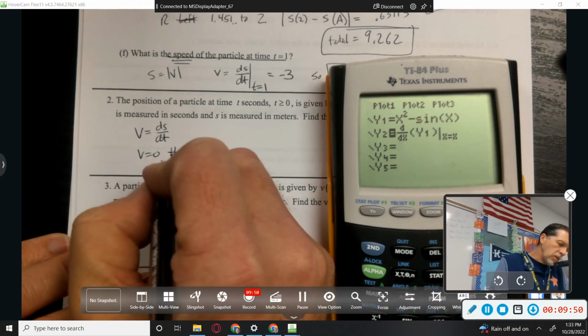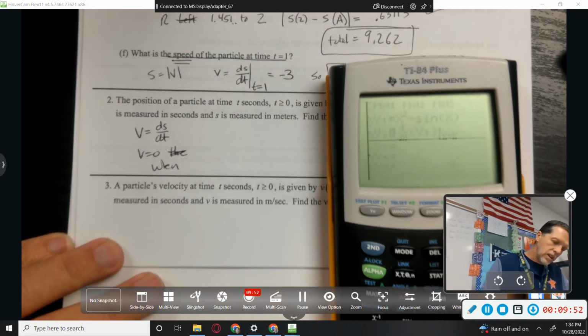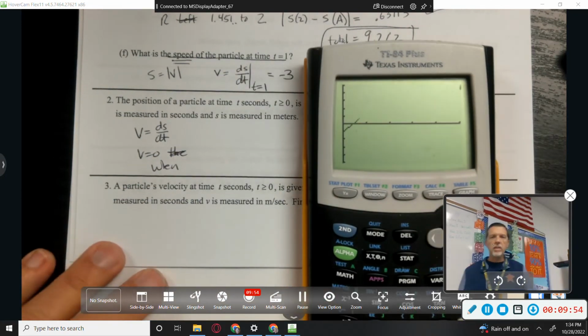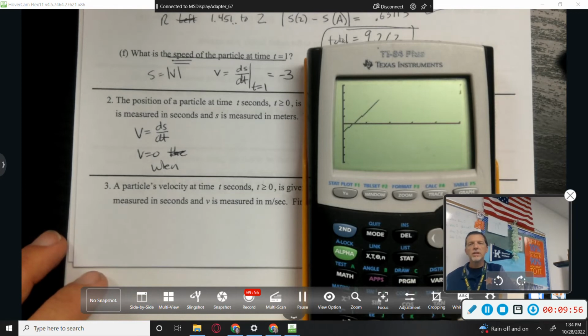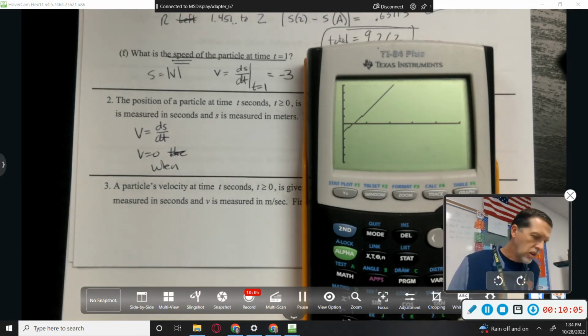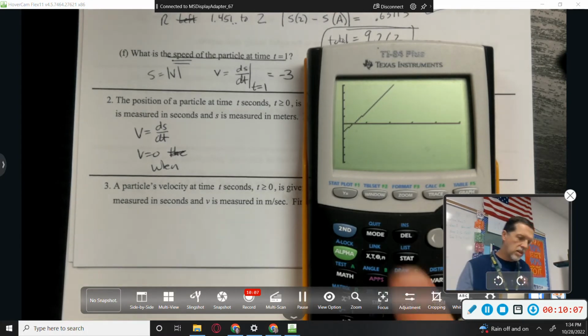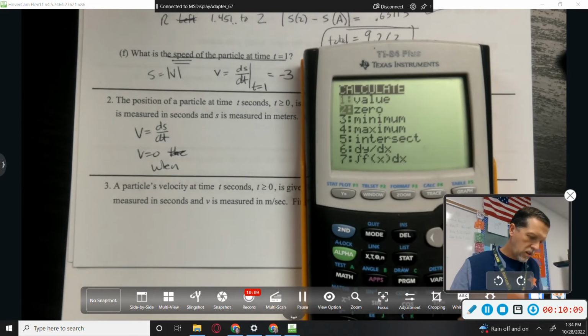V equals 0 when... Let's see, there's one spot. Is there going to be another spot? No, that's nice. So on 0 to 3, velocity is 0 only once. Second calc, 0.